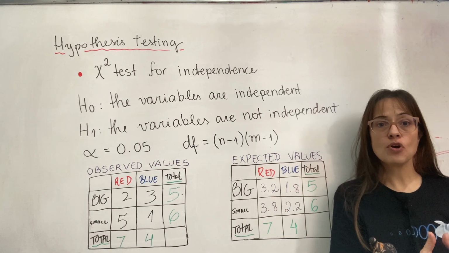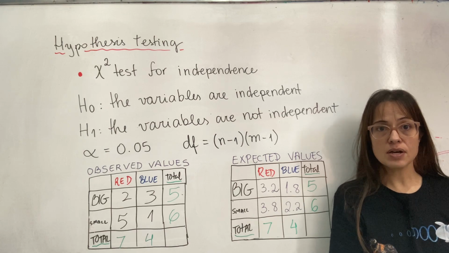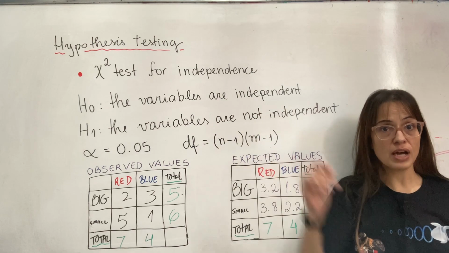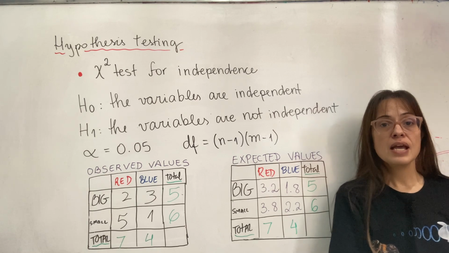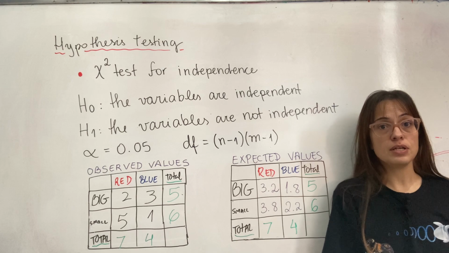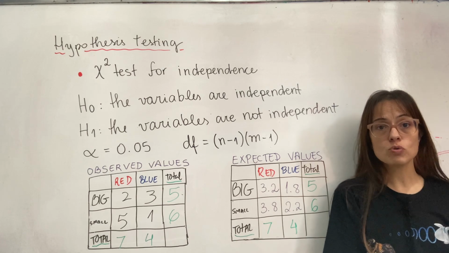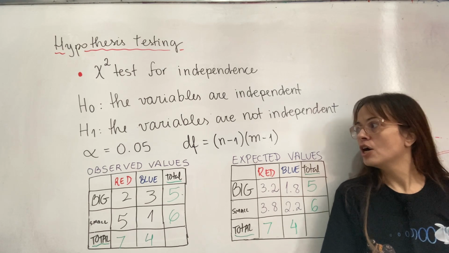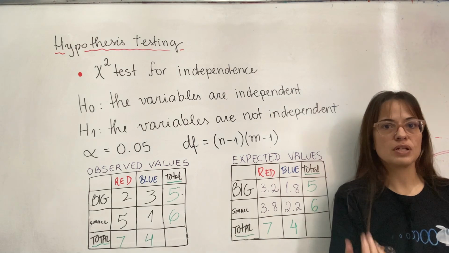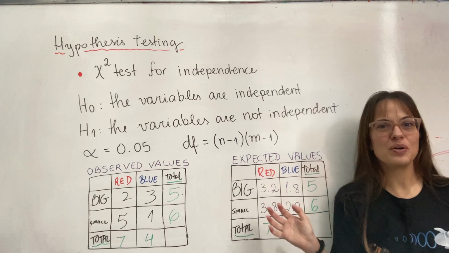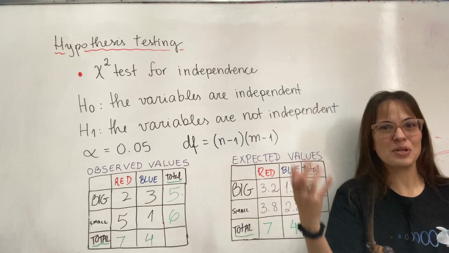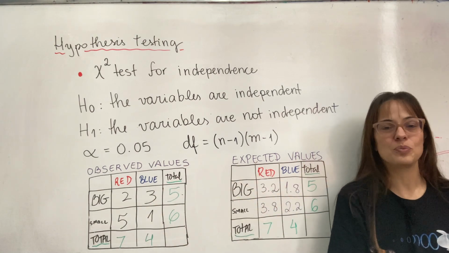If you remember from the other video, there was another test that was also called chi-square. That was the chi-square goodness of fit test. And maybe you see the resemblance here, because in that one we were also comparing a list of observed values with a list of expected values. So they weren't tables with two variables, but there were two of them, and we were comparing an observed one with an expected one.